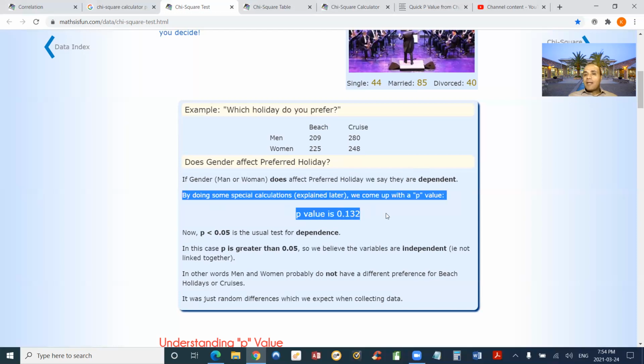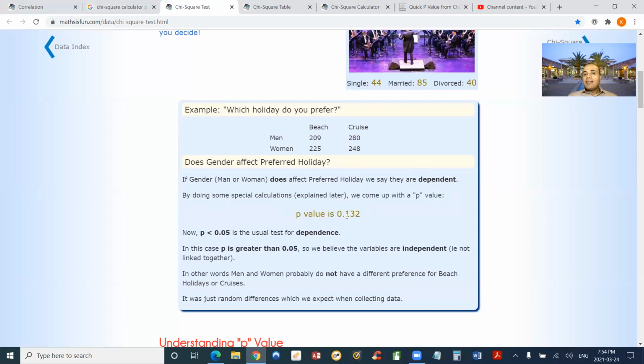We are going to do some calculation. We are going to find that the p-value, remember we discussed the p-value a bit back in an earlier stage, seems to be bigger than 0.05. In this case, it is bigger. We believe that the variables are independent, not linked together. What does it mean?